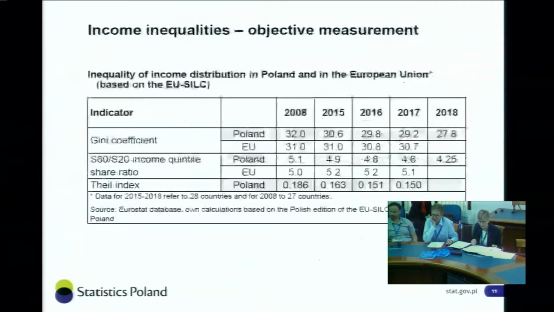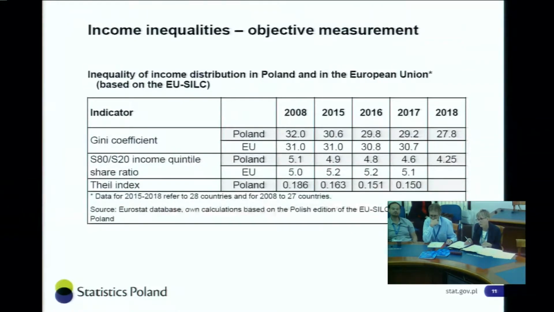Okay, we have not enough time, so maybe we start with income inequalities. You can see the main source for analyzing the results, the main source for income inequality analysis used here.